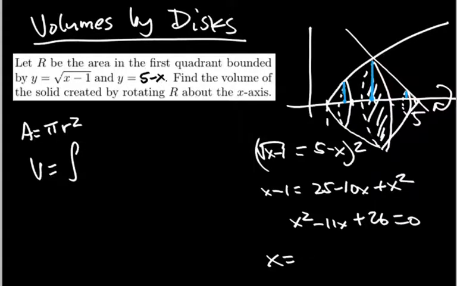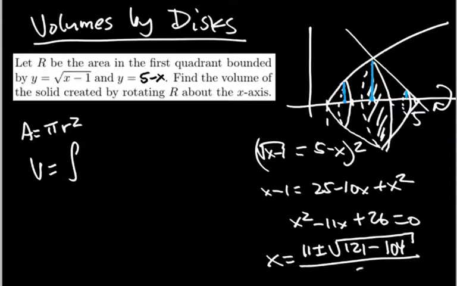Negative b, so 11 plus or minus the square root of b squared, so 121 minus 4 times 26 is, okay, 4 times 25 plus 4, 104, all divided by 2. Okay, I'm just going to call that K. So whatever the positive one's going to be, so 11 plus the square root of that is just going to be what this is.